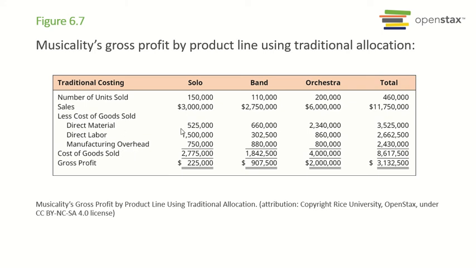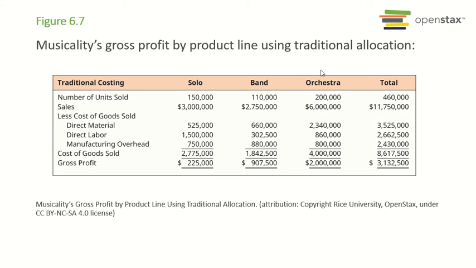So the total direct material is $525,000, direct labor is $1.5 million, and manufacturing overhead is $750,000. So you add these three up, we get the total cost of goods sold of $2,775,000. We use the $3 million sales minus the cost of goods sold of $2,775,000. We get the gross profit of $225,000.